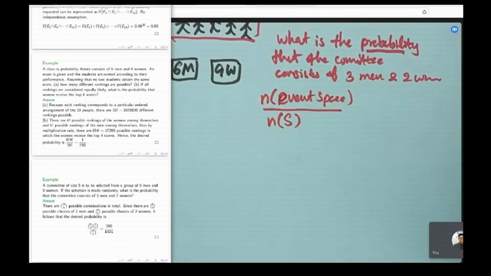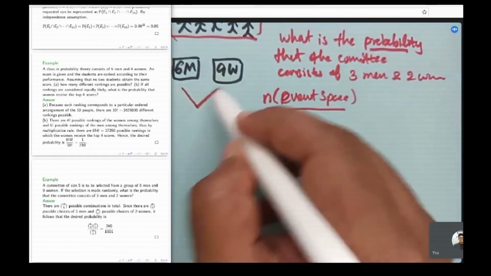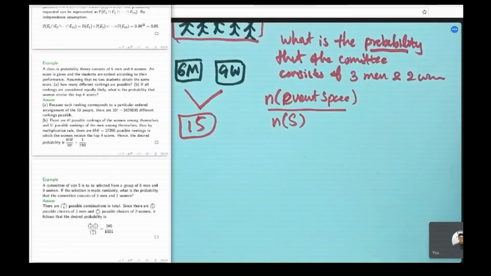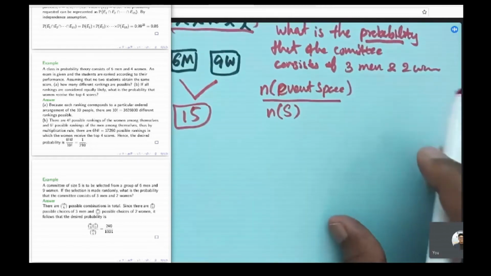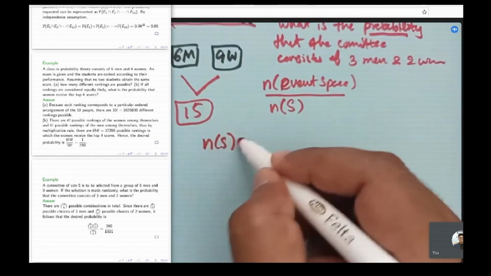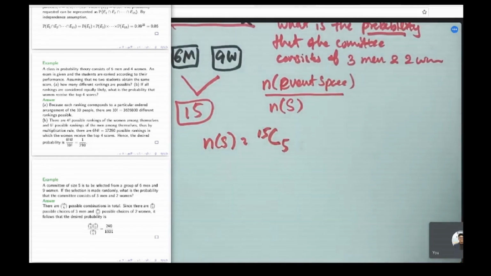To identify the total number of possible outcomes, you have to think about selecting 5 from all the possible individuals. You have 6 men and 9 women, which means we have 15 individuals in our set. So n of S is equal to 15C5, which means choosing 5 out of 15.